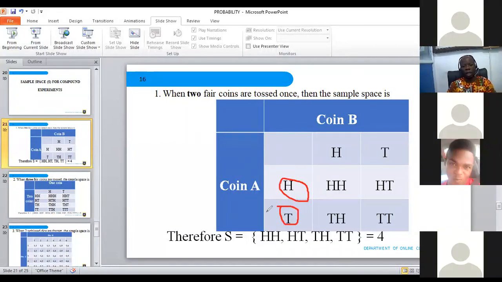Now, if you toss coin B, it will also give you the head and the tail here. But if you toss 2 coins, you need 2 results. The first coin will give you a result, the second coin will also give you a result, so we put that together. Now, if you put it together, both coin A and coin B will now give us head-head. That is H and H will give us HH.